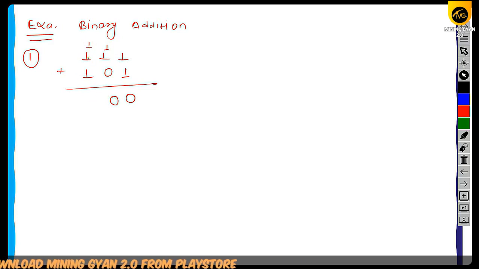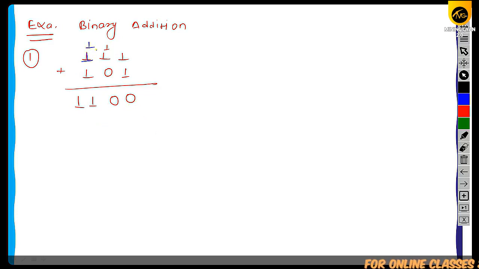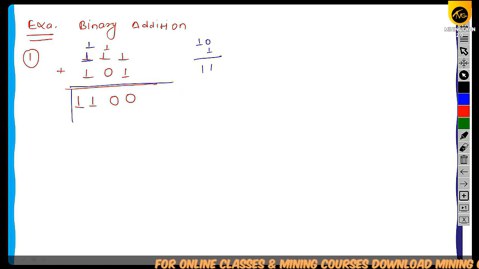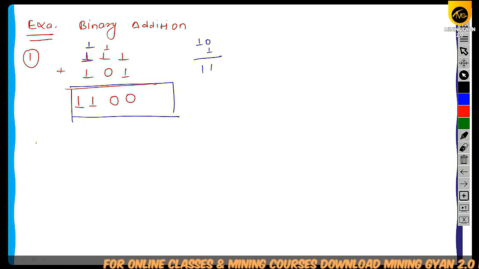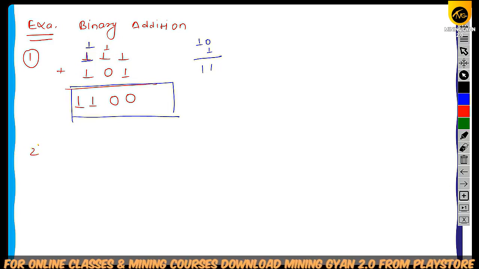Now 1 plus 1 is 1 0, and now 1 0 plus 1 is 1 1. So the answer will be 1 1 0 0. Then 1 plus 1 becomes 1 0, and 1 0 plus 1 is 1 1. So the answer will be 1 0 1 1 0 0. Is that clear?